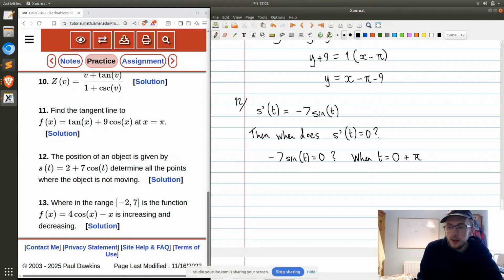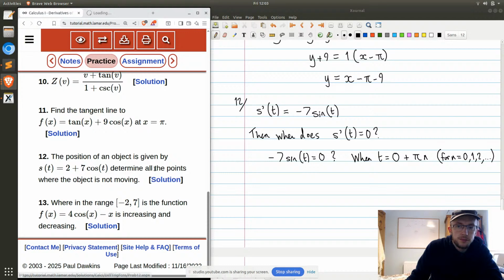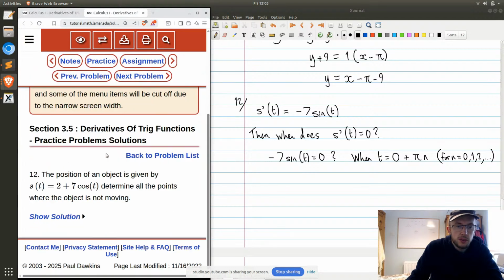But because negative time is not seen as sensible, you just say pi n like that, or n equals like that. And that should be good. But we'll soon see.